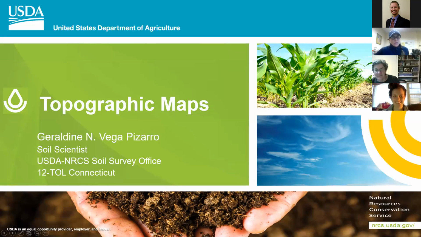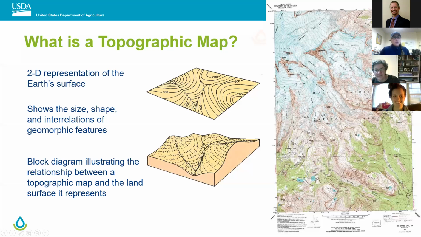So today we're going to be talking about our two-dimensional representation of the Earth's surface. It shows size, shape, and interrelations of geomorphic features. Here's one on the right. You can see it has a bunch of colors and lines and labels.